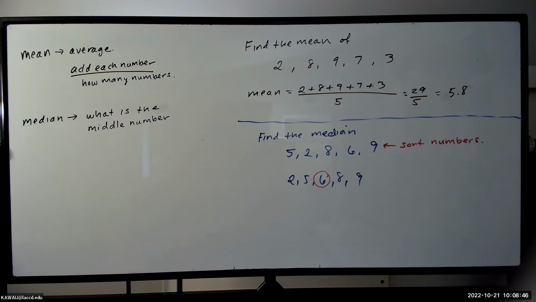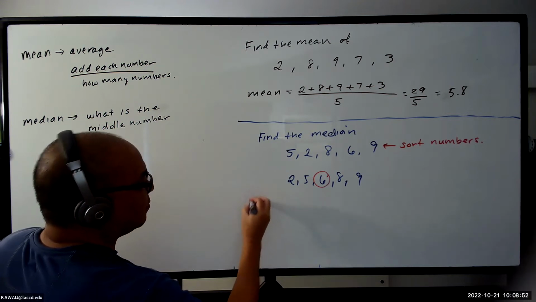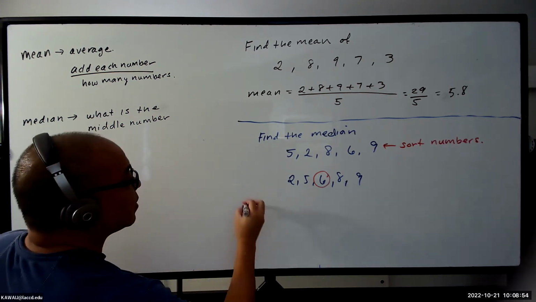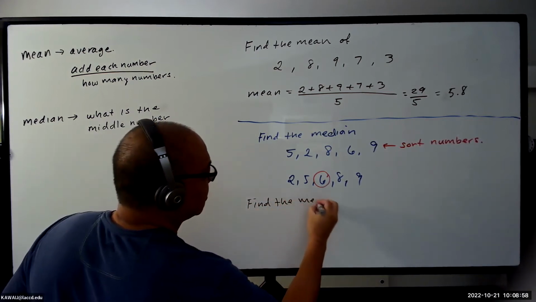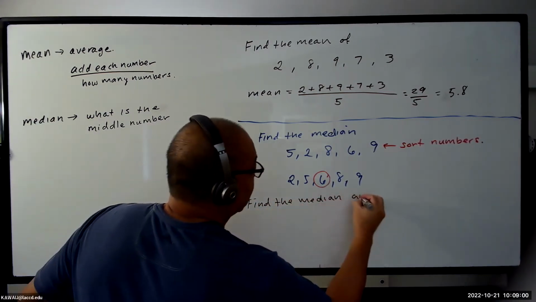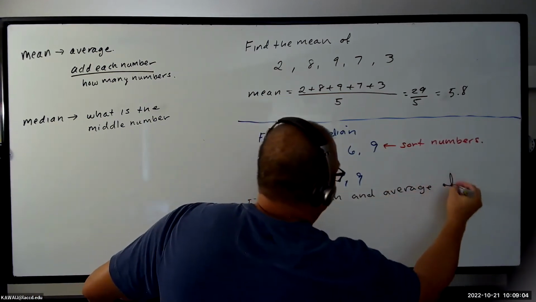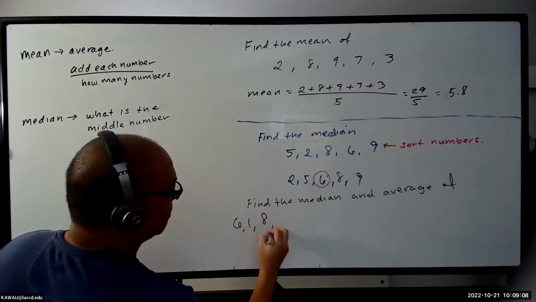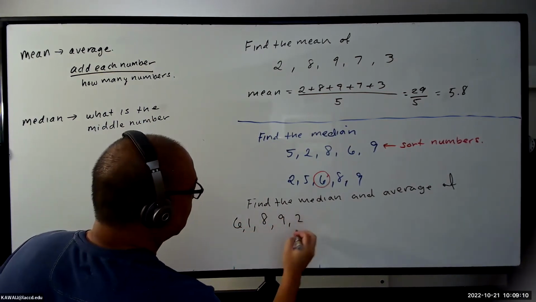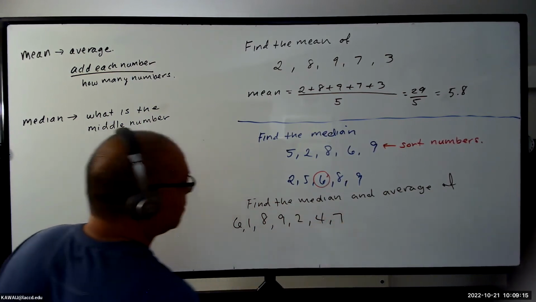Okay. So let me give you one. Let's do both. Let's find the median and average of 6, 1, 8, 9, 2, 4, 7.